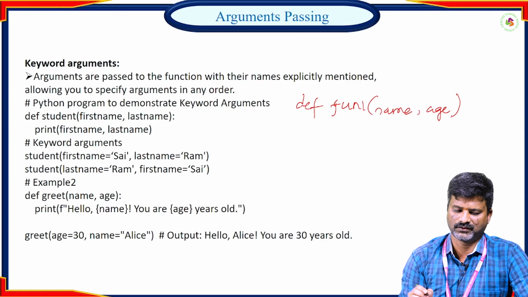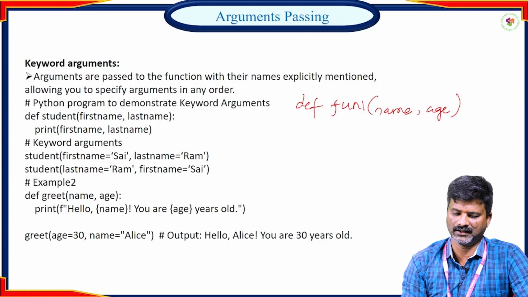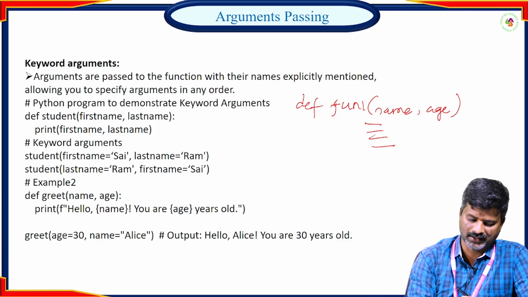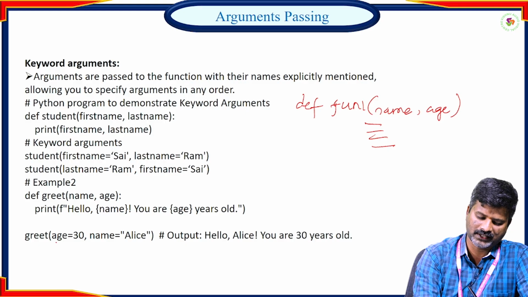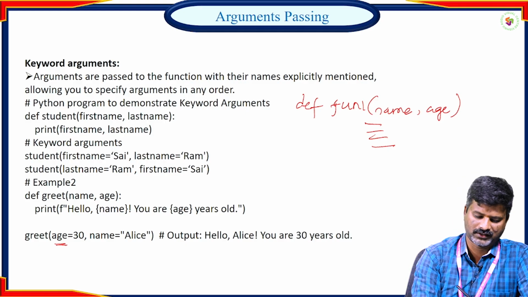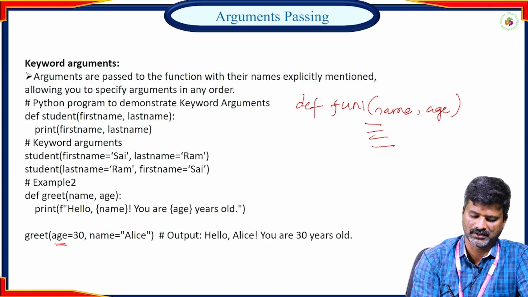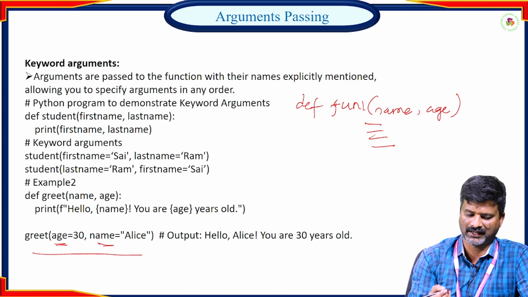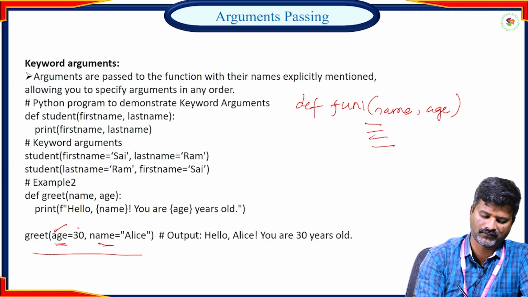Whenever you are passing parameters with names, that is, when you call your function, you specify the names of those variables and assign values to them. This is called a keyword argument, where you specify key and value.